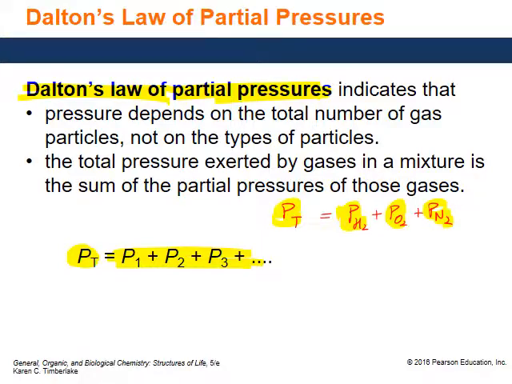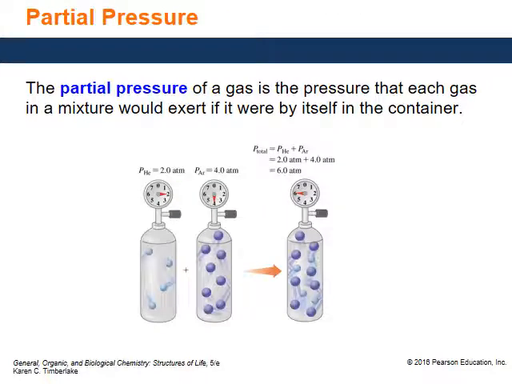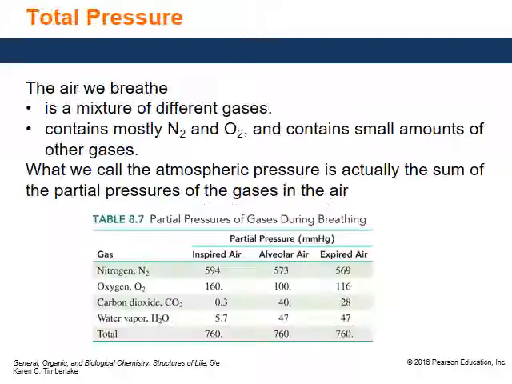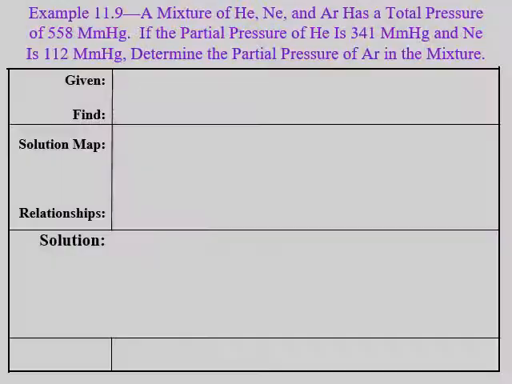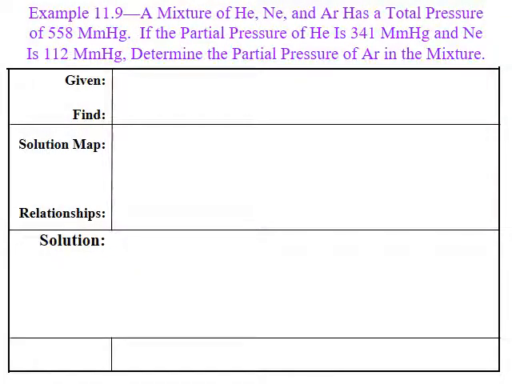How would the question look like? Simple. Like this. A mixture of helium, neon, and argon has a total pressure of 558 mm Hg. So what's given to us is total pressure 558 mm of Hg.